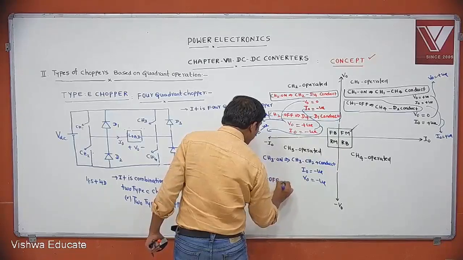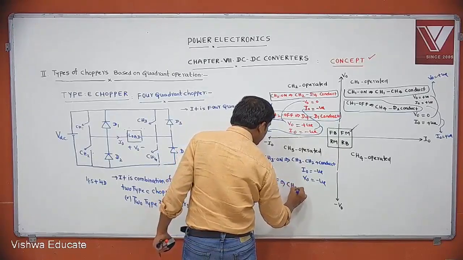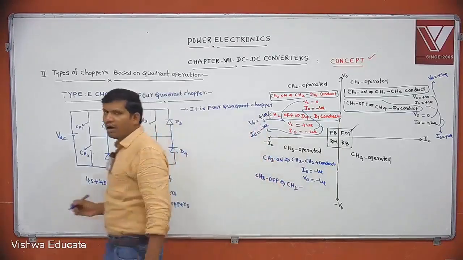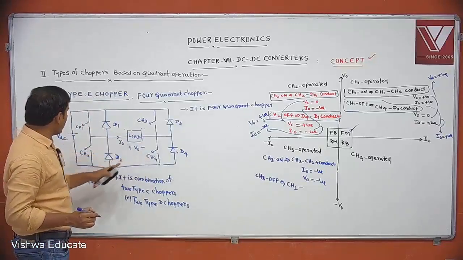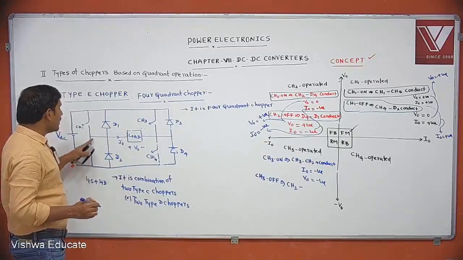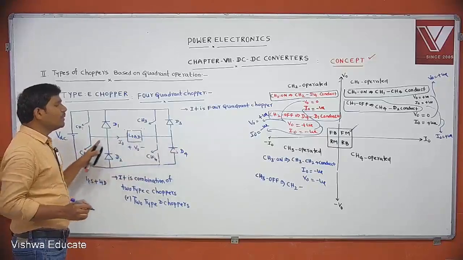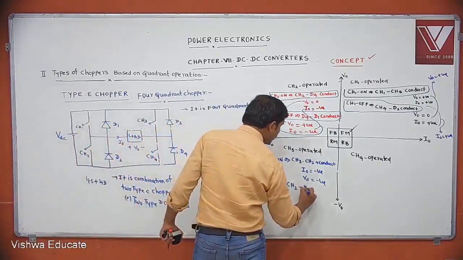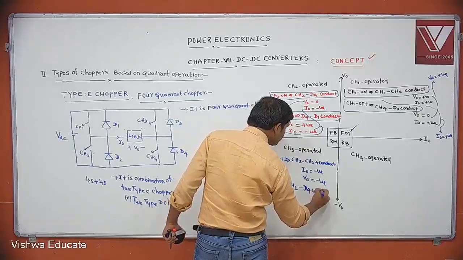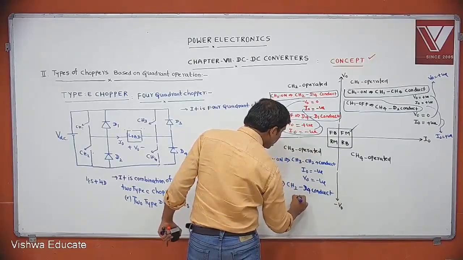CH3 is off. Already, which device will conduct? CH2. Then along with which device will it be on? If CH3 is off, CH2 is already conducting, so D4 must conduct. Then only I0 is negative. CH2 and D4 will conduct.